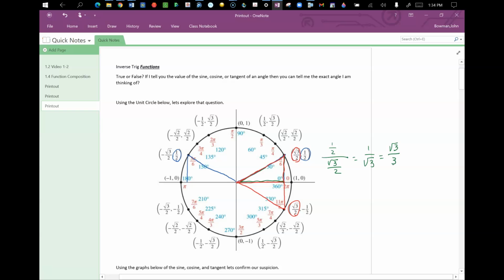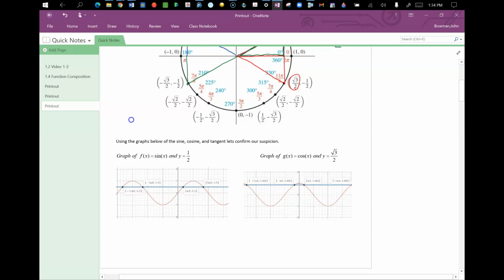It turns out that as long as your x and y coordinates both have the same sign and they are root 3 over 2 and 1/2 respectively, they are going to have the same tangent. So an angle of 7 pi over 6 has the same tangent. Basically, if I tell you the value of the sine, the cosine, or the tangent, you cannot tell me the exact angle that I am thinking of.